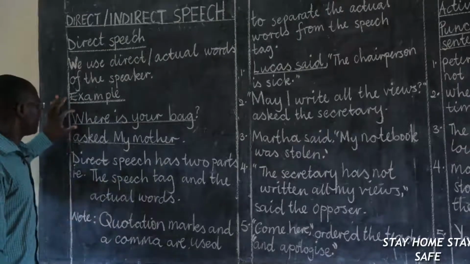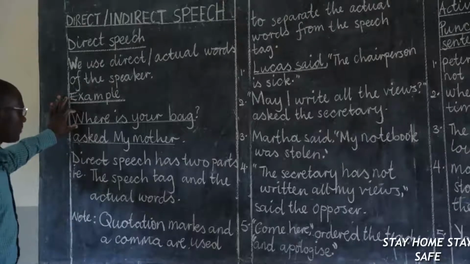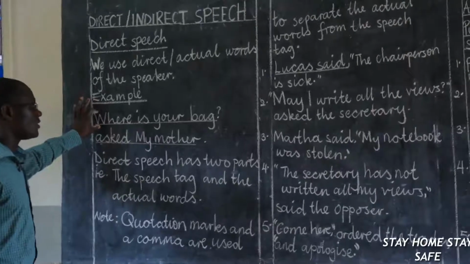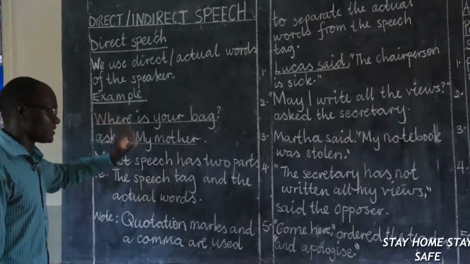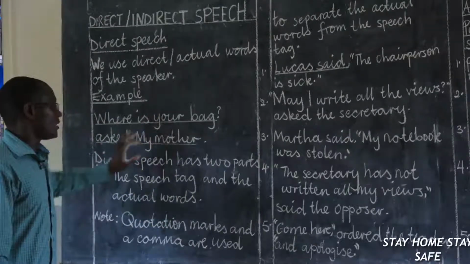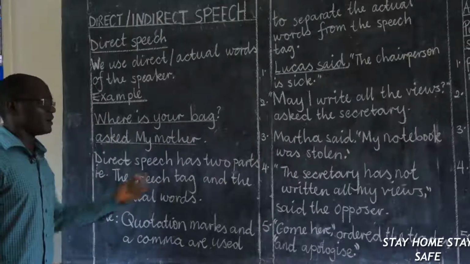And the first, where is your bag, is called the actual words. They are the real words my mother said. And then asked my mother, we call that part of the sentence the speech tag.